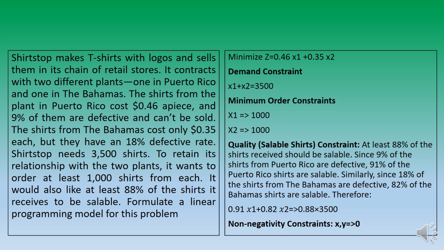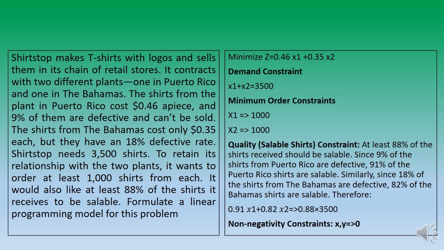It contracts with two different plants, one in Puerto Rico and one in the Bahamas. So the two plants are one in Puerto Rico and the other in the Bahamas.